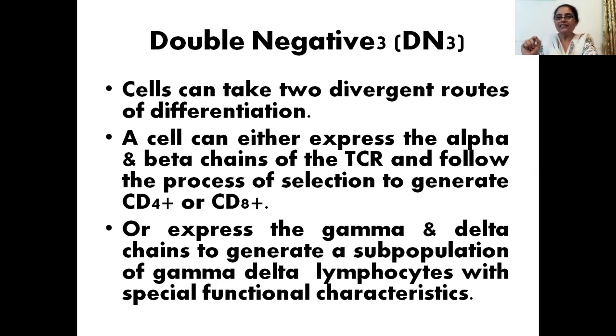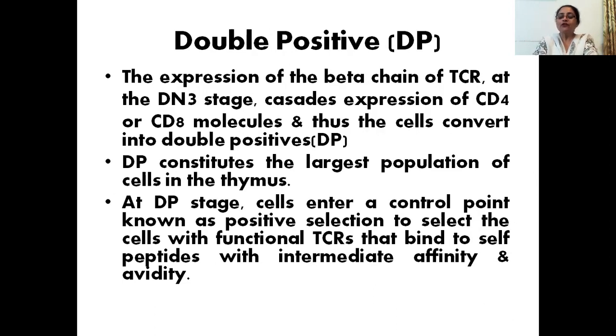One, they acquire CD4 or CD8, or other, they express gamma or delta chains and take a different route and become some kind of special lymphocytes. So coming back to DN3, if they follow the route of alpha beta chain and expression of the beta chain of the TCR, that is the T cell receptor, it leads to the double positive state.